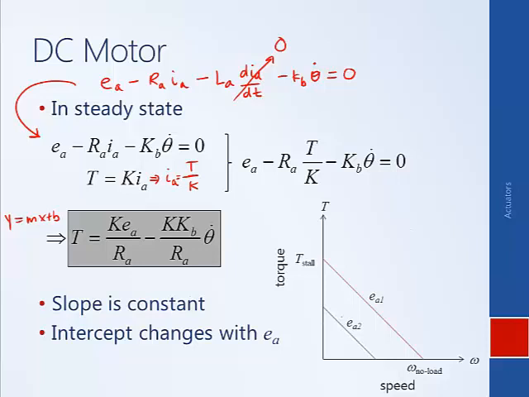And the reason that that is done is because at high torques you have high currents, and that can damage the motor if you do it for a sustained amount of time. In many cases, you may allow the motor to momentarily have a very high torque, but usually the control system will limit it so that it's not for a sustained amount of time, because that will cause damage to the motor.